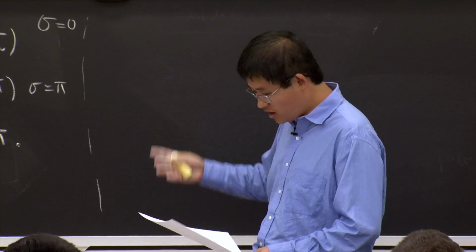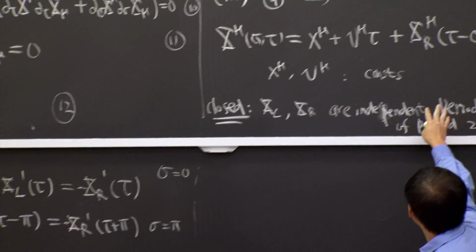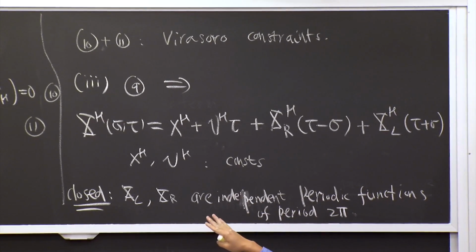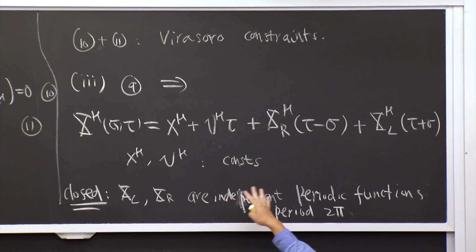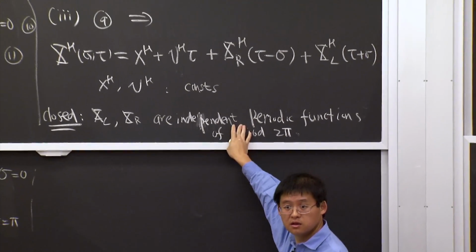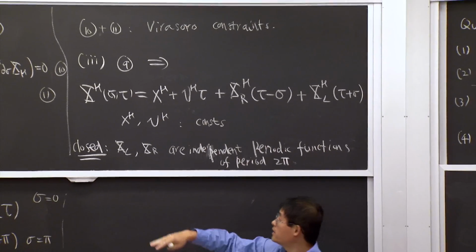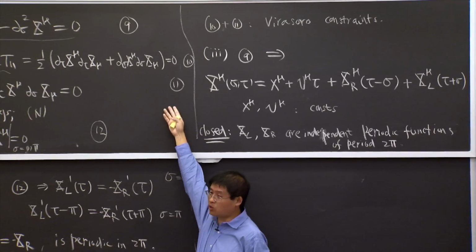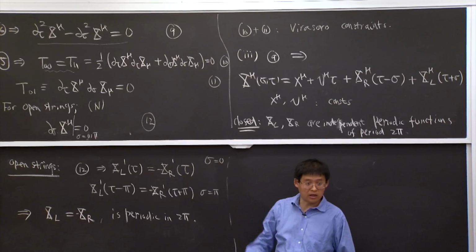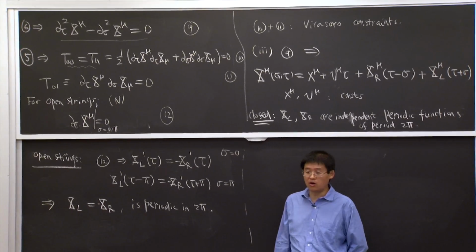One option is that we can just quantize this theory. We know how to quantize this free scalar field theory. We quantize it first, construct the Hilbert space, etc., and then we can impose those constraints at the quantum level. So this is one option.